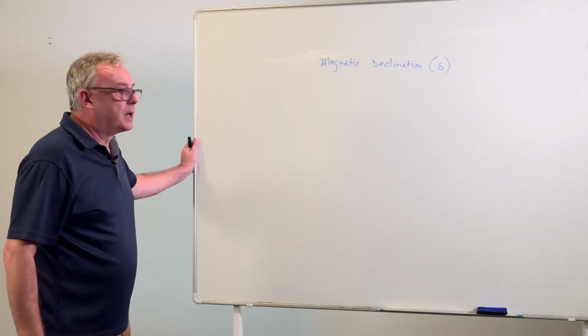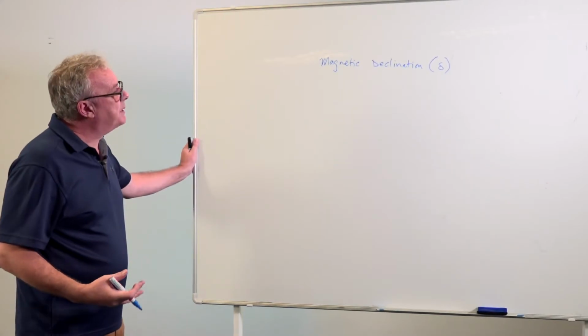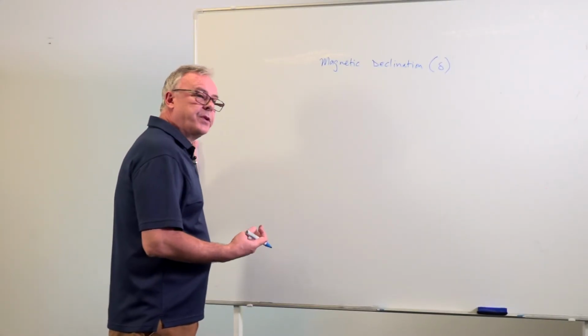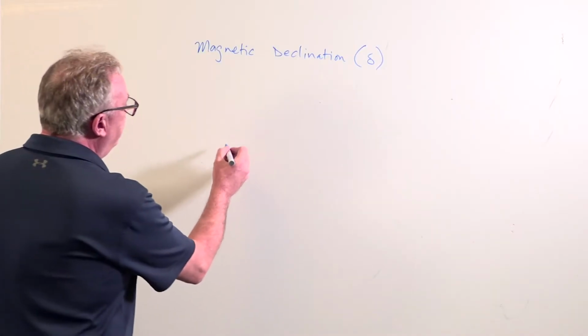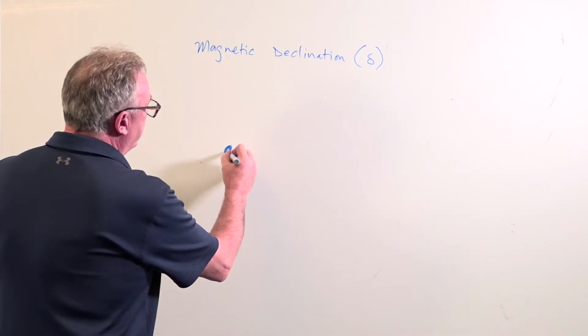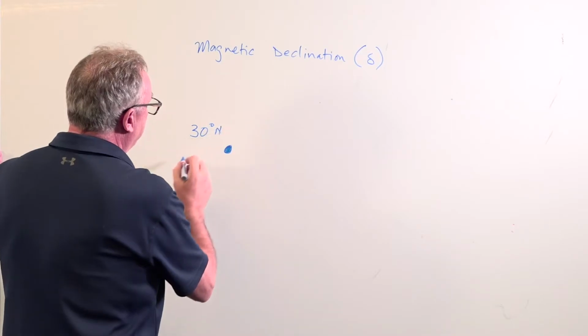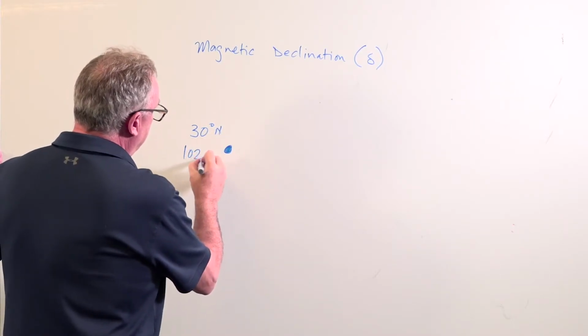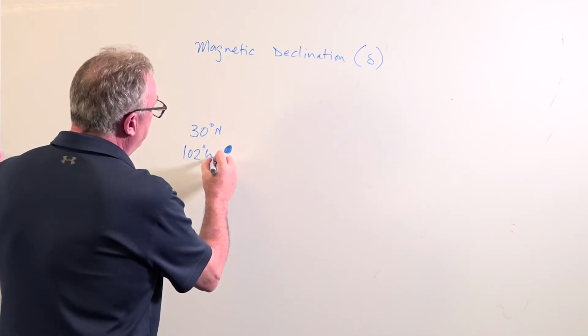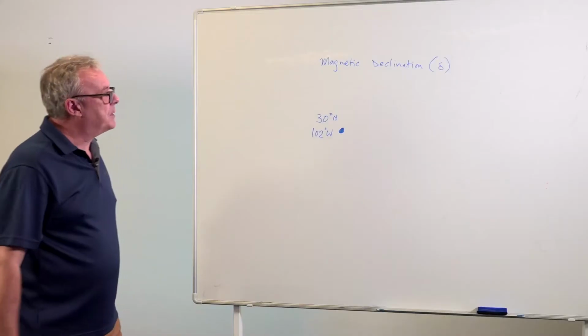Now, magnetic declination is a wee bit more complicated than grid convergence for a number of factors. So let me first start by drawing my wellhead position, which I know is going to be 30 degrees in the northern hemisphere and 102 degrees in the western hemisphere.